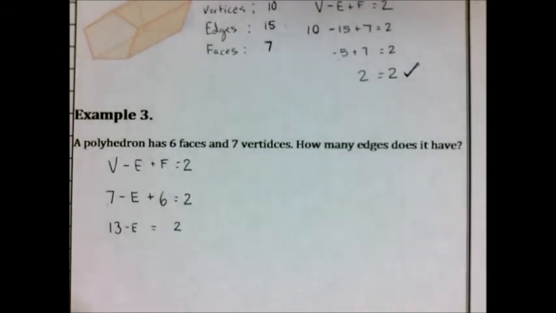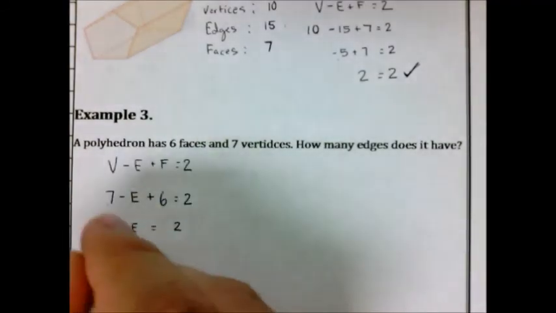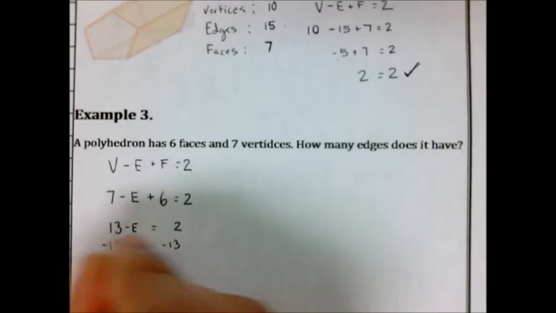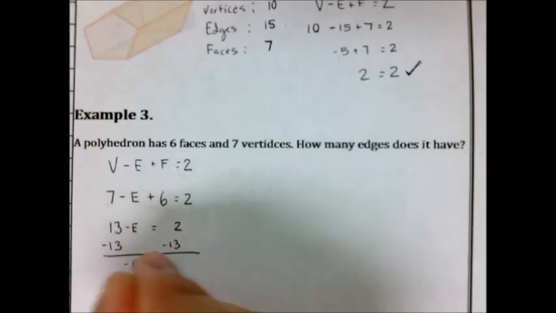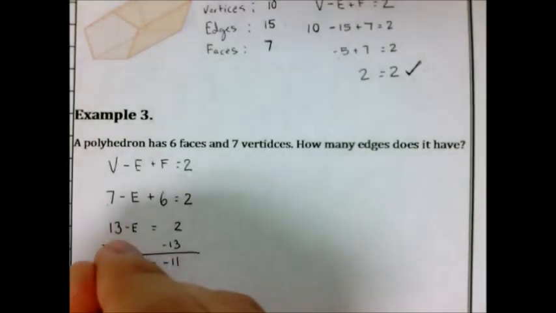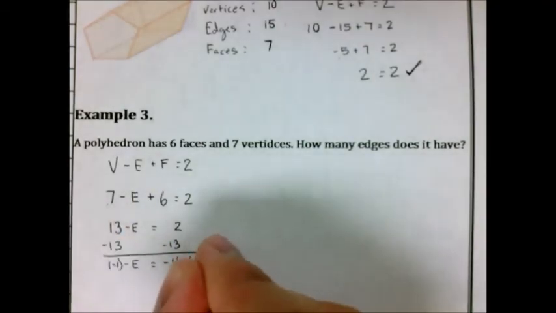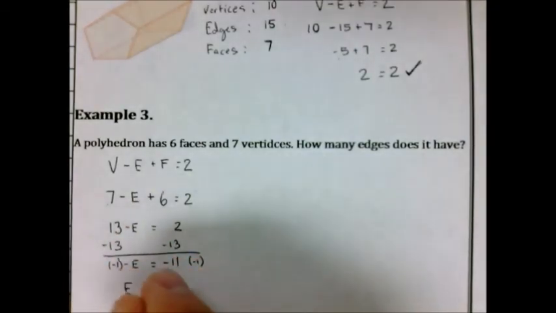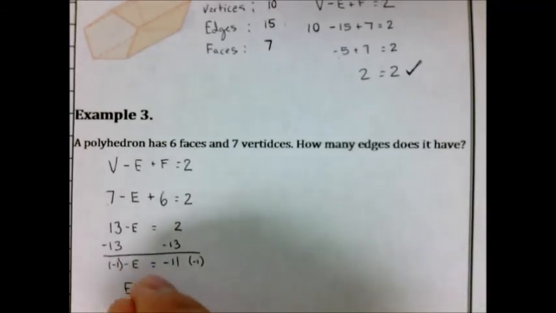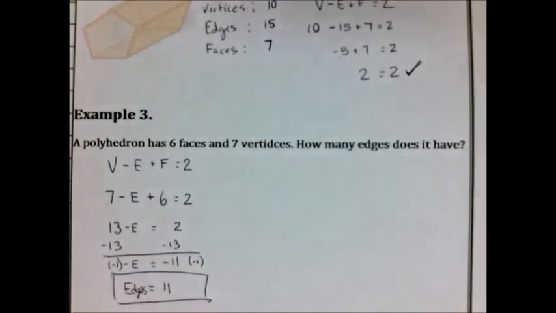It says that the order doesn't matter. And then 13 minus E equals 2. We just have to subtract 13 from both sides. We get negative E is equal to negative 11. And then just multiply by negative 1 on both sides. And we end up getting that the number of edges is equal to 11. And that's how we do it.